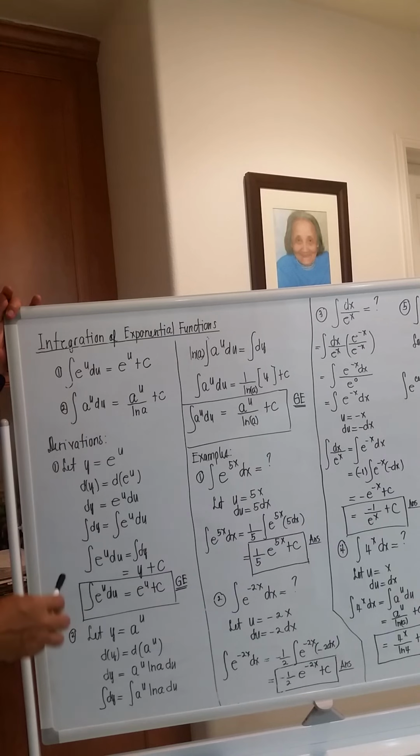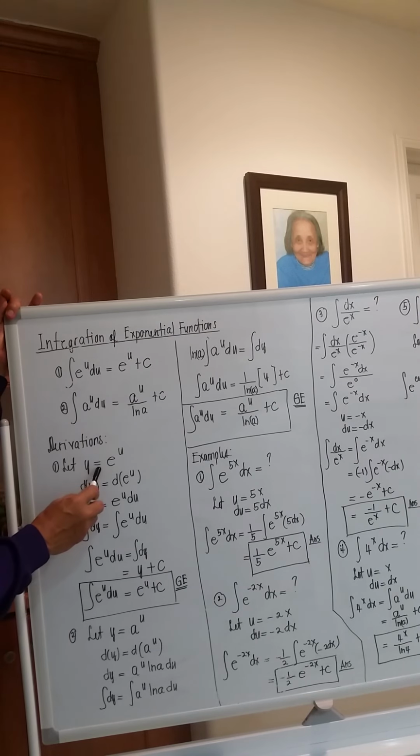For this formula number 1, we let y equal to e to the u. Take the differential of both sides. The differential of y equals the differential of e to the u. Whatever you do on the left, do it on the right. The differential of y is just dy.